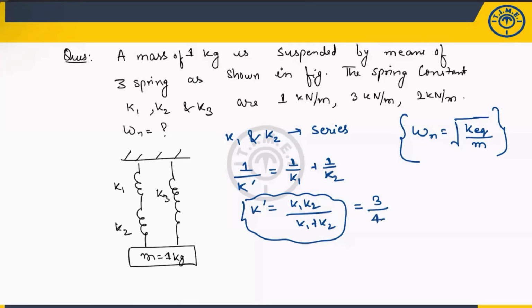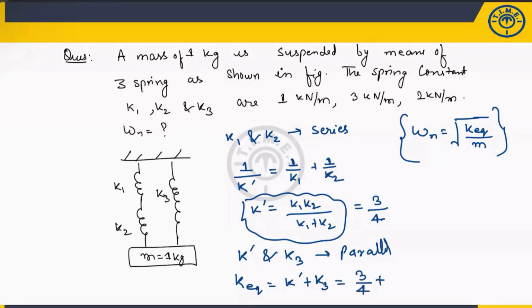Okay, and this 3 by 4, that means K dash, now it will become parallel with the K3. How will you calculate the K equivalent? K dash plus K3, very simple, because they are connected in parallel. The parallel combination, you already know how to get the equivalent stiffness. So this is 3 by 4, and what is the value of K3?